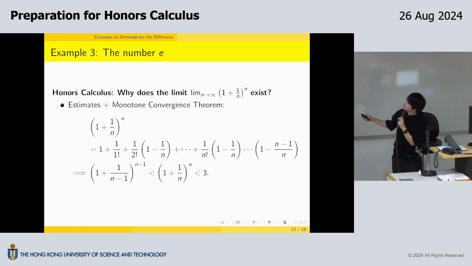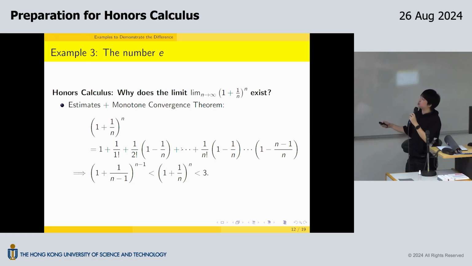Now we want to apply the monotone convergence theorem to show that this limit exists in the first place. So how do we do that? You will need to do some algebraic manipulation. Using the binomial theorem, you can expand the parentheses for each n, and after some algebraic manipulation, you find that the general term equals something like this.